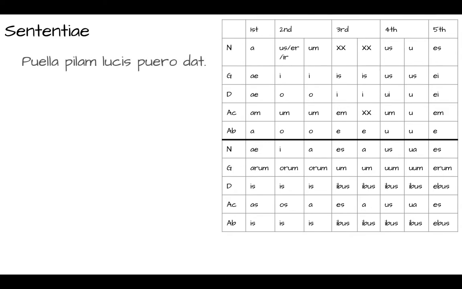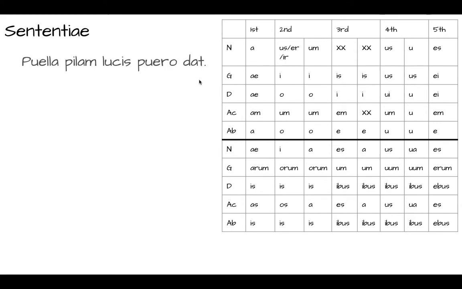So, puella pilam lucas puero dat. So we have the girl. She is your subject, nominativus, and she is performing the verb dat. So the girl gives, and the item that she's giving is the pilam. Notice the am, so that's accusativus.